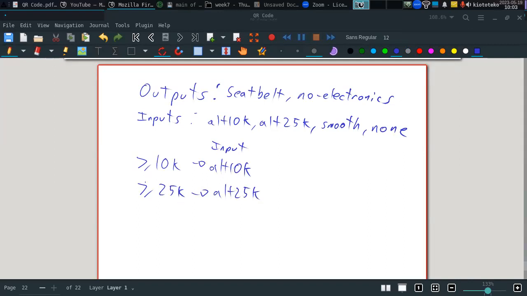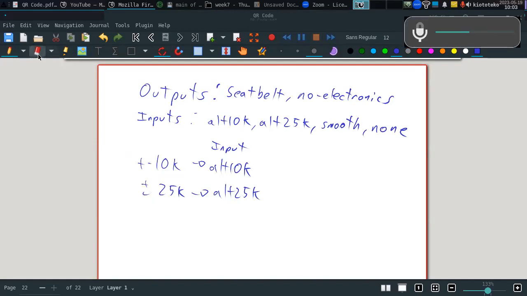Well, and this is when, I guess, not only when it's greater, but also when rising or descending at this altitude, no? So this is plus minus, I don't know. Maybe we should express it like that.